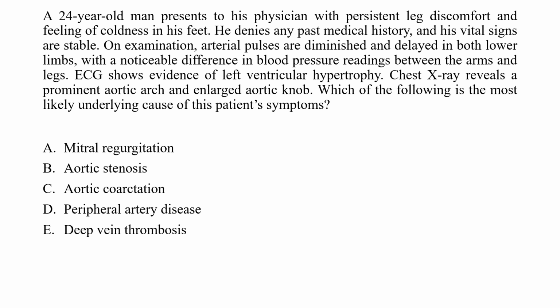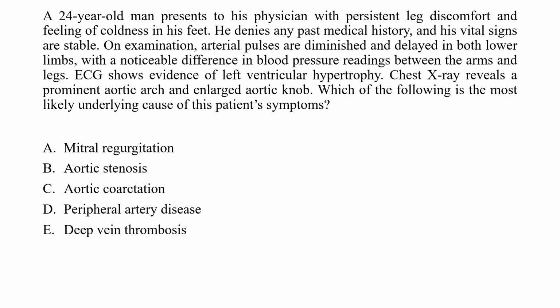ECG shows evidence of left ventricular hypertrophy. Chest X-ray reveals a prominent aortic arch and enlarged aortic knob. Which of the following is the most likely underlying cause of this patient's symptoms?